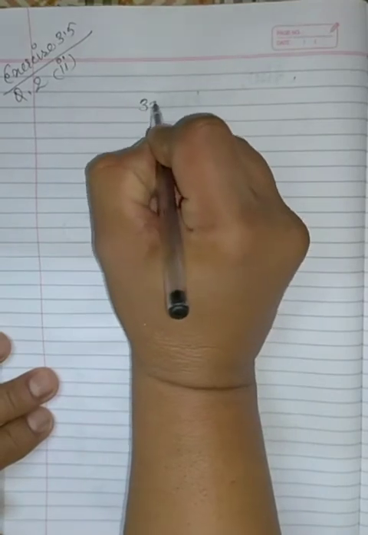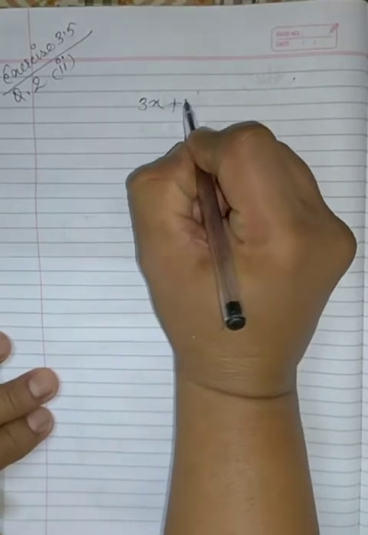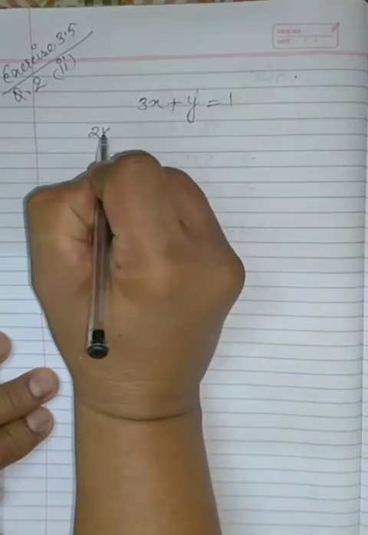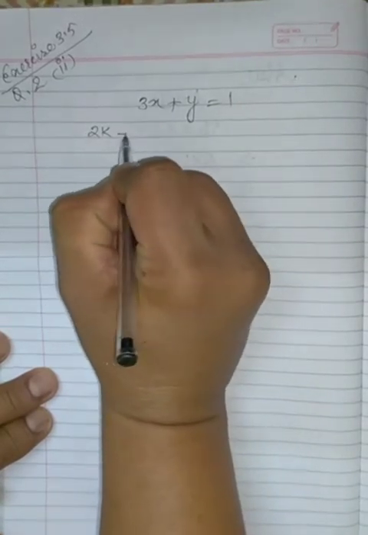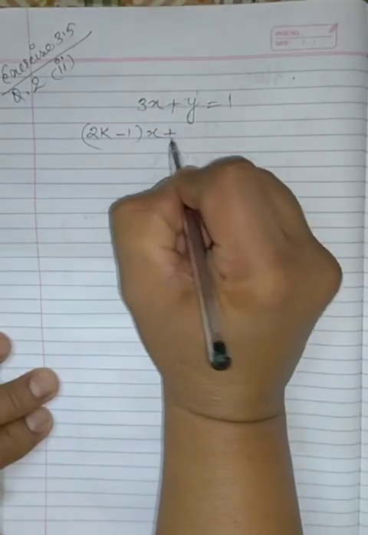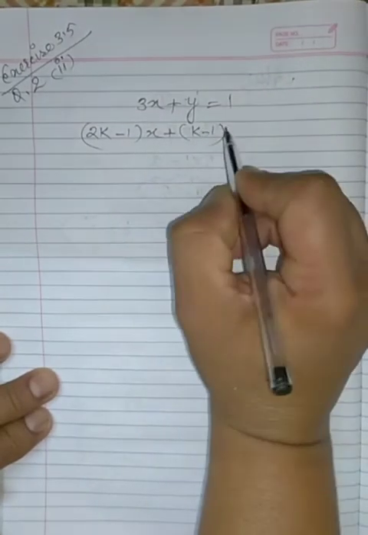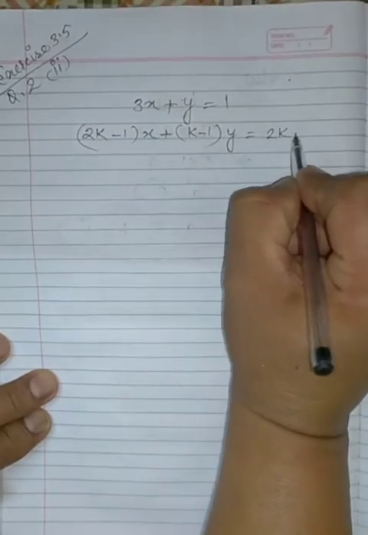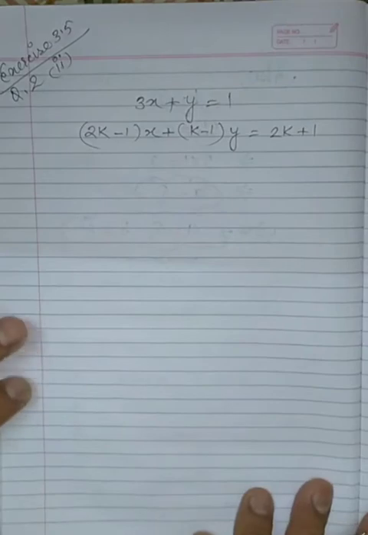The two equations are 3x plus y is equal to 1 and (2k minus 1)x plus (k minus 1)y is equal to 2k plus 1.